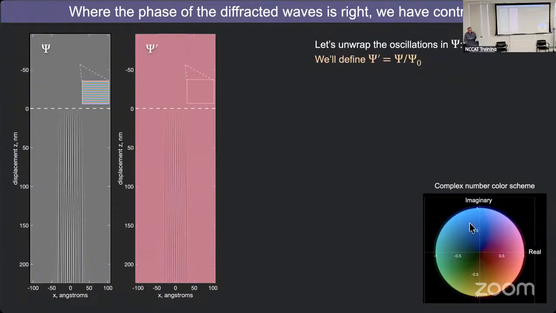So I'm going to start representing complex numbers this way. So this is like the amplitude and phase diagram, but here I have this little color wheel. Imaginary numbers wind up on this axis, blue and yellow, and real numbers wind up on this axis, red and green.